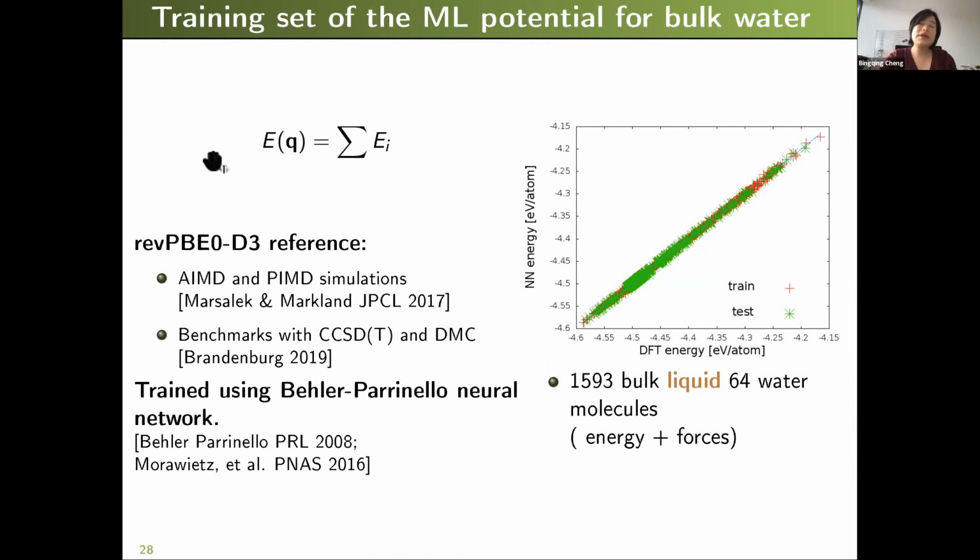This is again based on this simple formalism where the total energy of the system can be expressed as the sum of the contribution of the atomic energies. And back then we trained the potential using bulk liquid water. It is 1,500 structures in our training set.